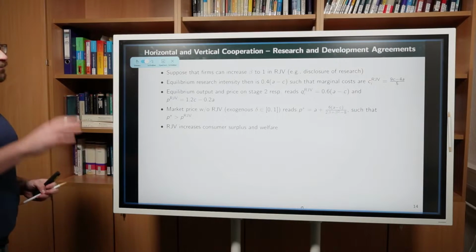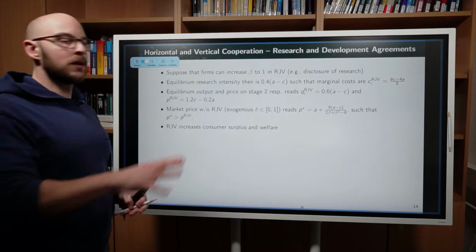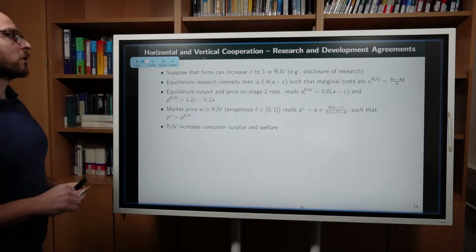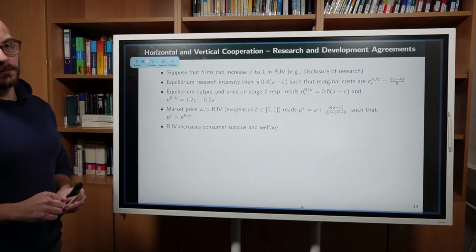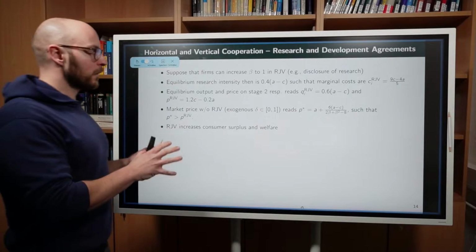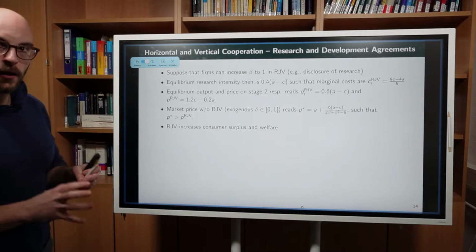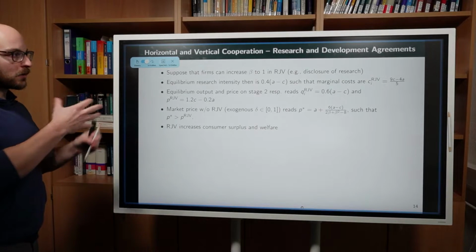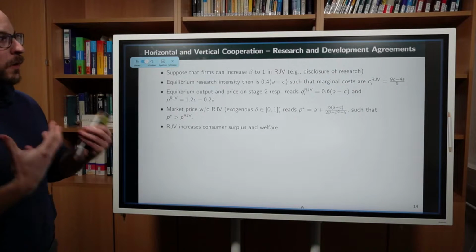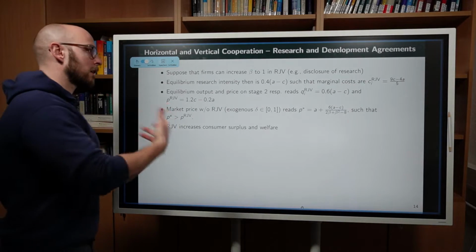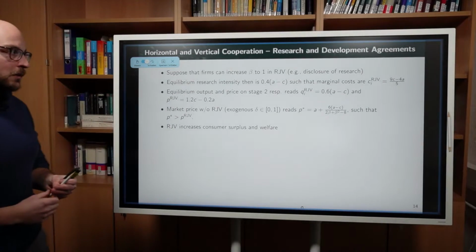Now, what we have assumed in the previous slides was that beta is exogenously given. If we talk about research joint ventures, this assumption might not be too reasonable because it might depend on the firm's conduct. And this conduct might change in an RJV. So what does it mean?